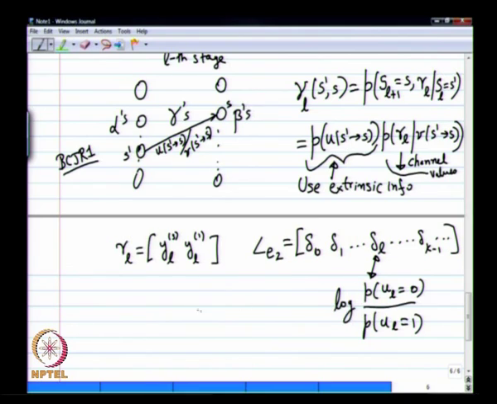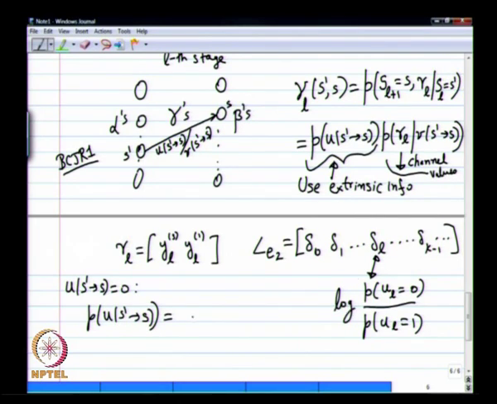So from here you can easily see the a priori probability for a branch which corresponds to U of S prime S equal to 0. What will be P of U of S prime S?